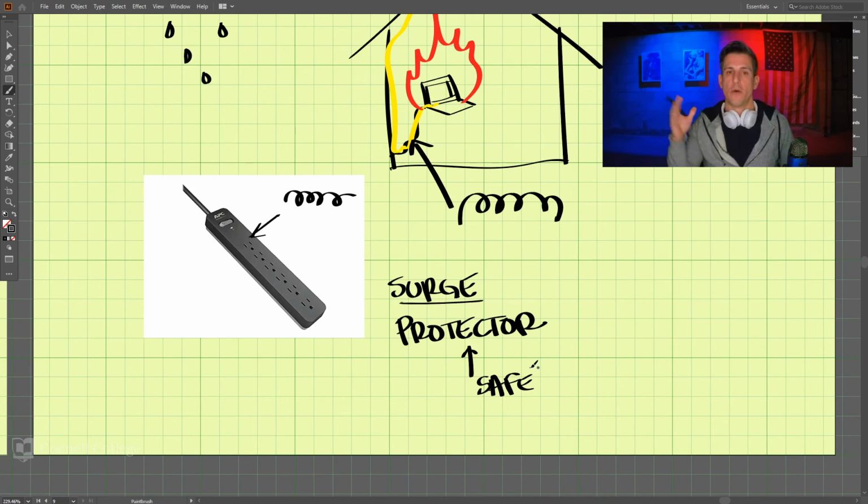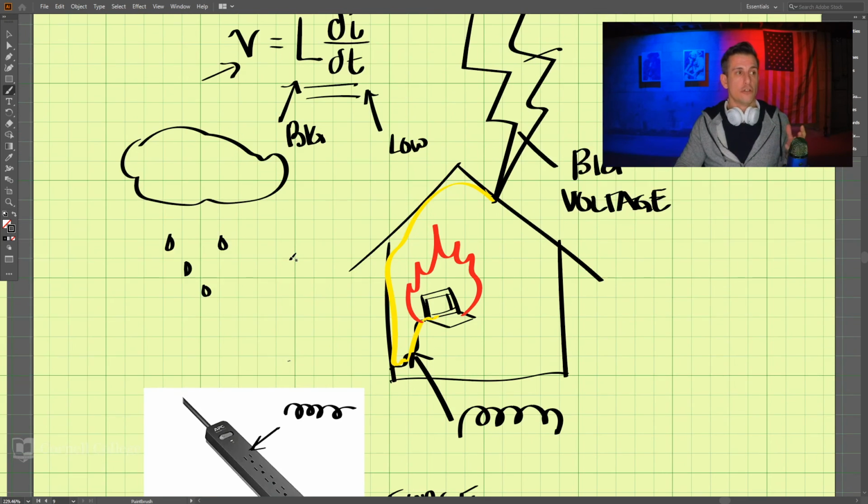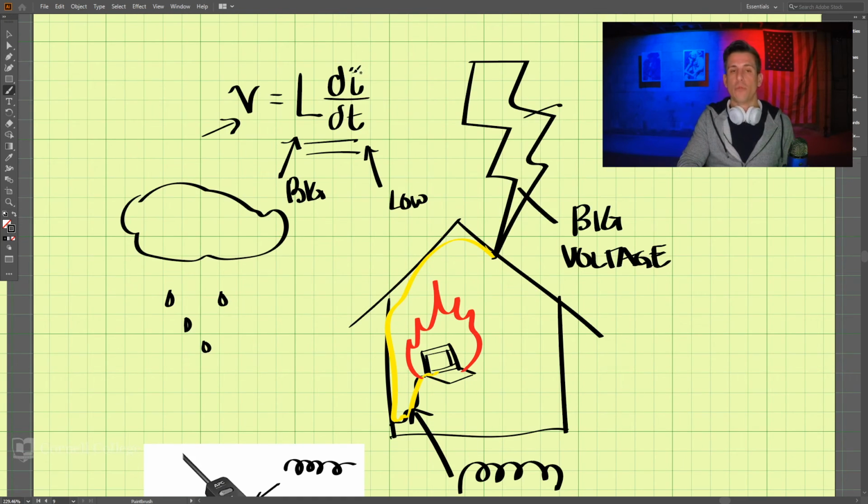It protects from a large surge. So we can use inductors to slow down the change of current, and it stores all of this energy in a magnetic field.